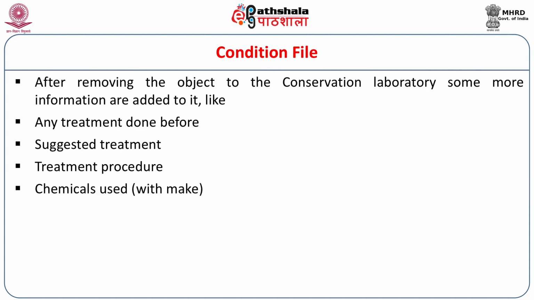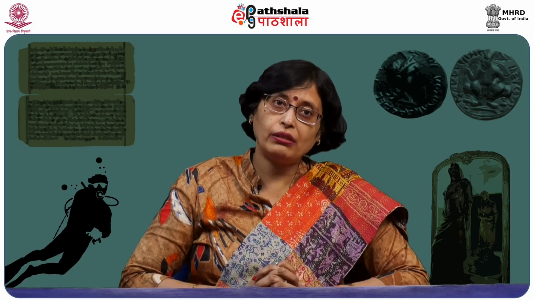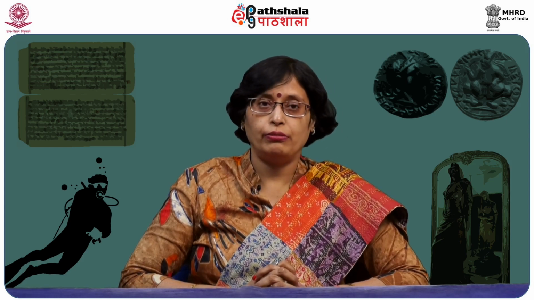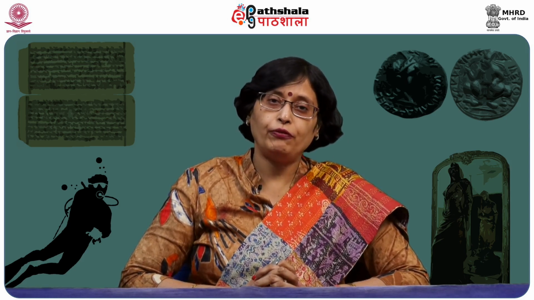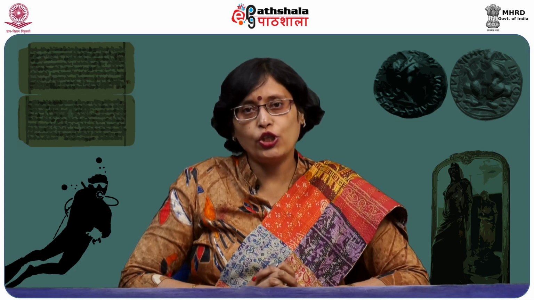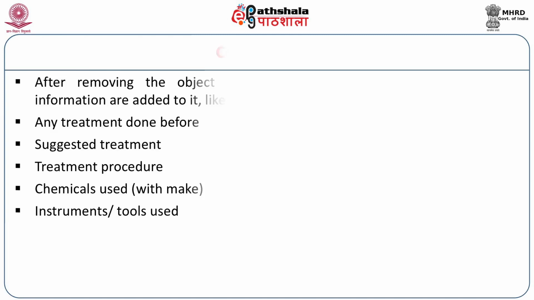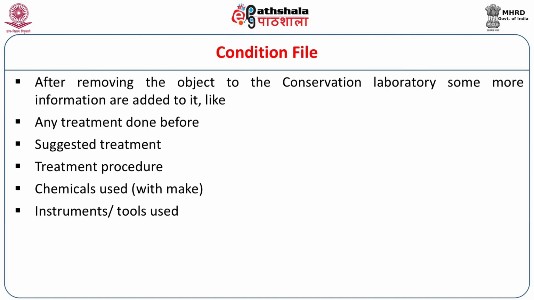The chemicals used during the conservation process, and if any conservator prepares any type of solution, he should note down the procedure of that preparation in an exact manner. The instruments, tools or equipment used in the conservation procedure should be noted down.